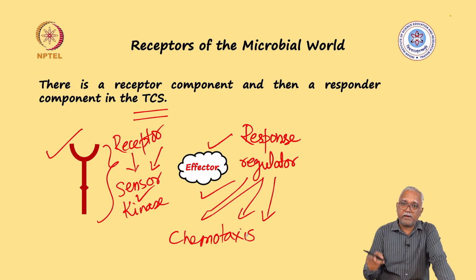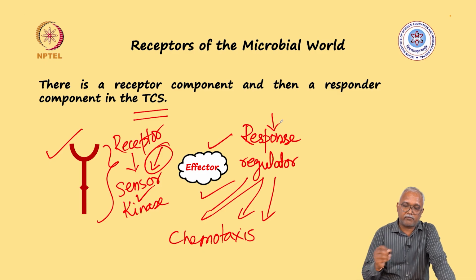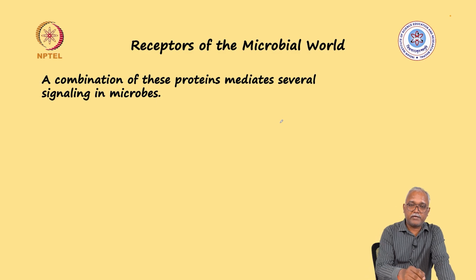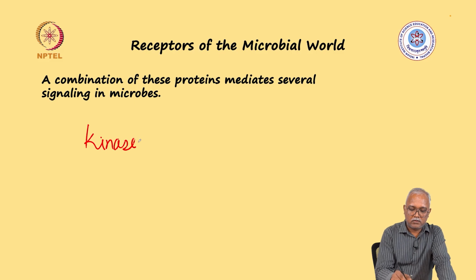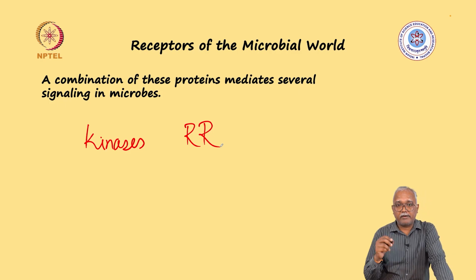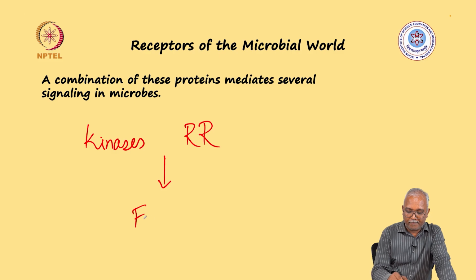All those things will be activated according to the signal, and the response regulator will be different in those cases. The combination of these kinases and the response regulator, RR, work together to ensure all the different responses are mounted, so that the communication this microbe establishes with its environment meets a fruitful end.